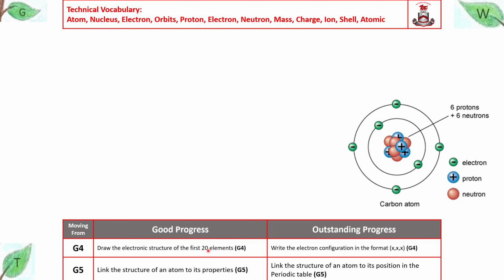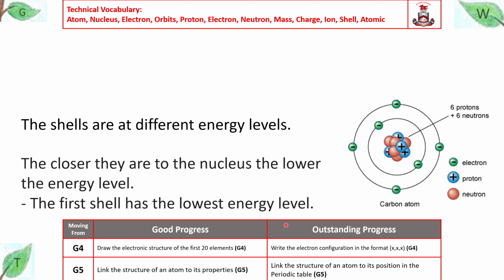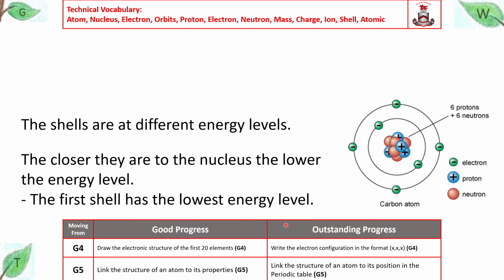Now, what happens is the shells have different energy levels, so the electrons orbit the nucleus at different energy levels, and they like to be at the lowest energy level possible. Now, the first shell is the lowest energy level.